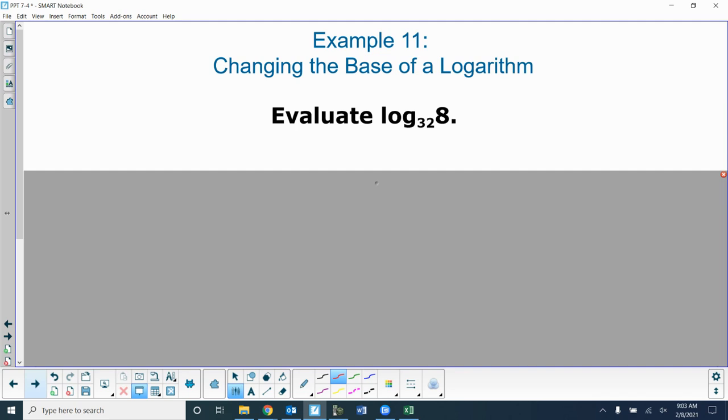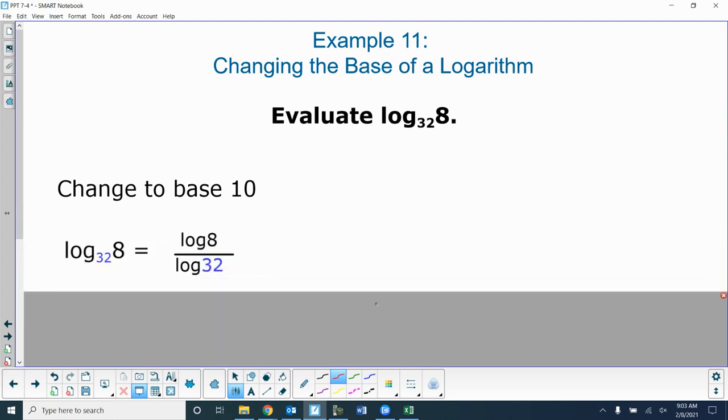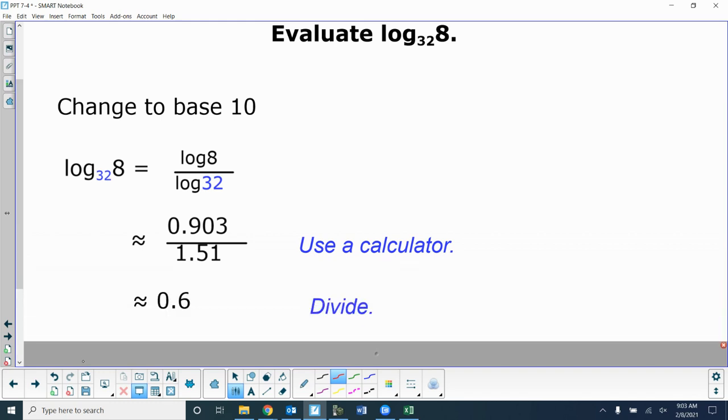So, this is log of what over log of what? Right, log of 8 over log of 32. You can put that in your calculator and I'll give you the answer. I think it's 3/5. 0.6, that's 3/5.